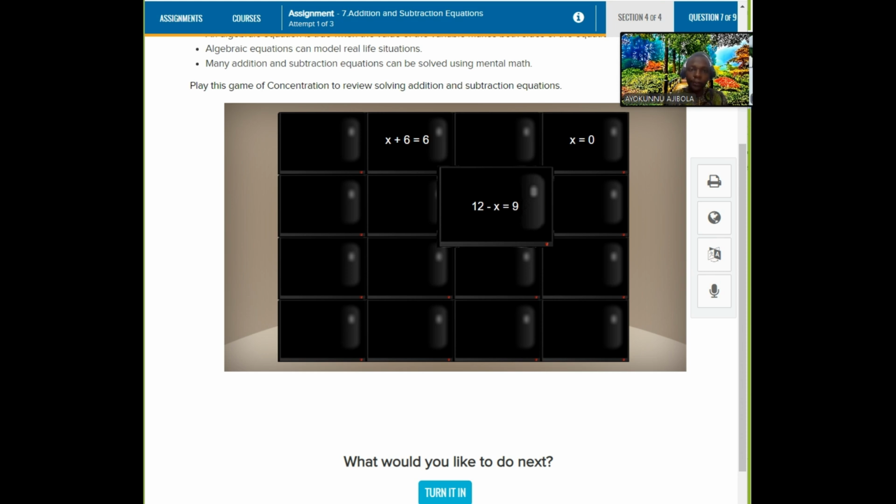Then let's see what comes next, okay? This one says x equal to 7. X equal 7. Okay.